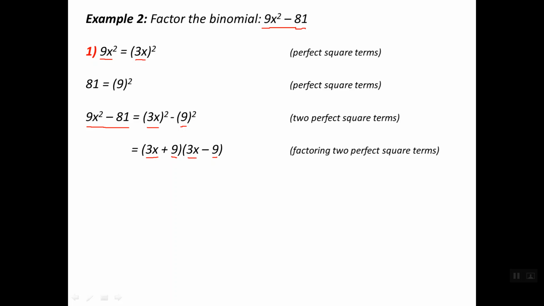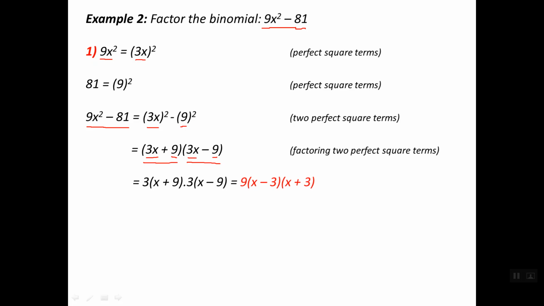So this is the way to factorize two perfect square terms. If you check the first factor, which is 3x plus 9, and the second one, which is 3x minus 9, we have something common, which is the common factor. For both 3x and 9, the common factor is 3.